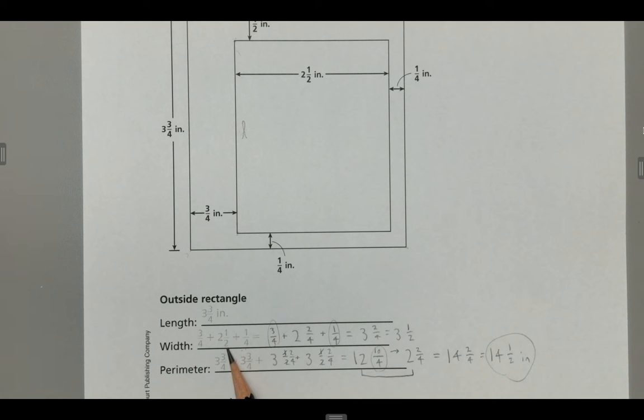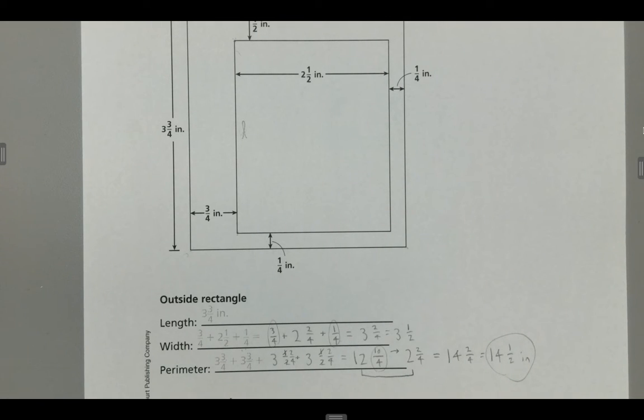I'll simply rewrite 2.5 as 2 2/4. Now my denominators match. When I'm adding these three up, I notice that 3/4 plus a 1/4, I can combine those to make one whole, and then I can add that whole onto the 2 2/4 to get 3 2/4, and reduce that fraction to show it as 3.5. My width of the outside rectangle is therefore 3.5 inches.